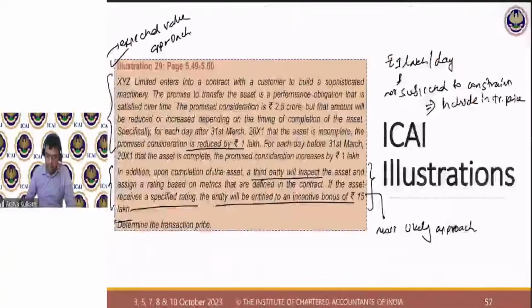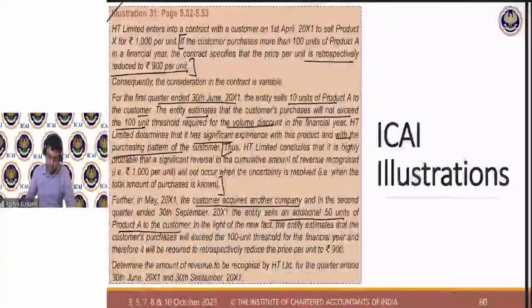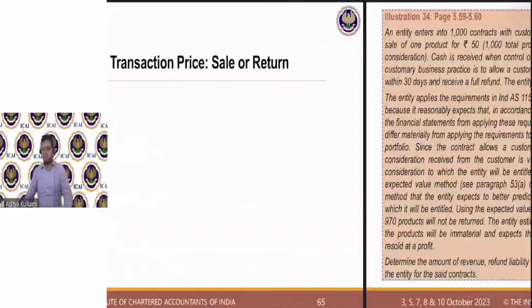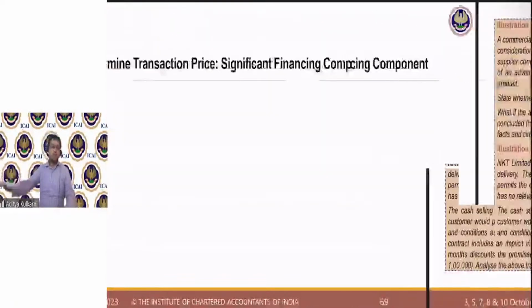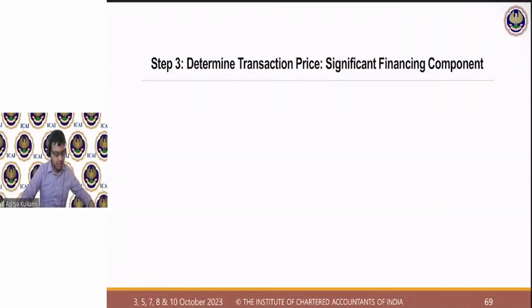So now we have two components. One of it is what we will do today, that is the significant financing component. So what do you mean by a significant financing component in the transaction price?